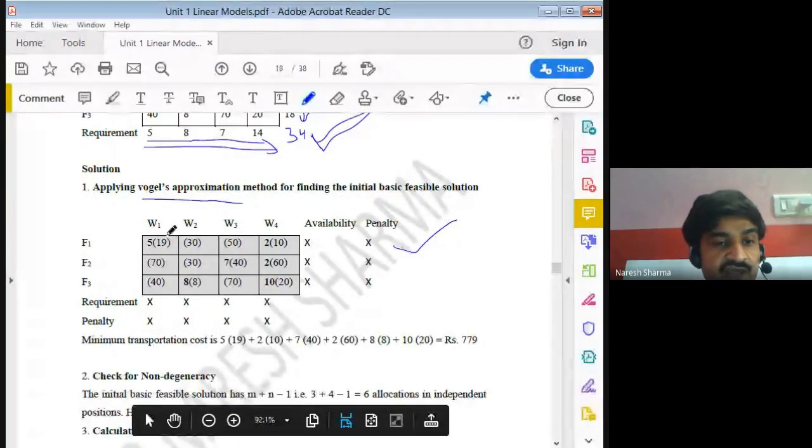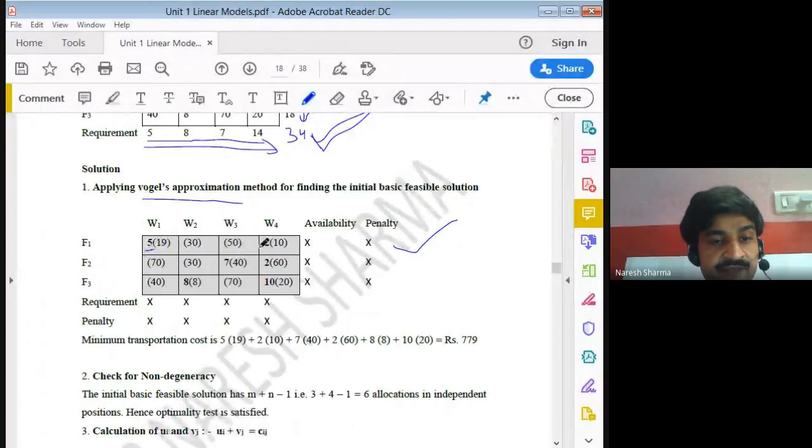If you see here, the allocations are 5, 2, 7, 2, 8, and 10, at these locations only.